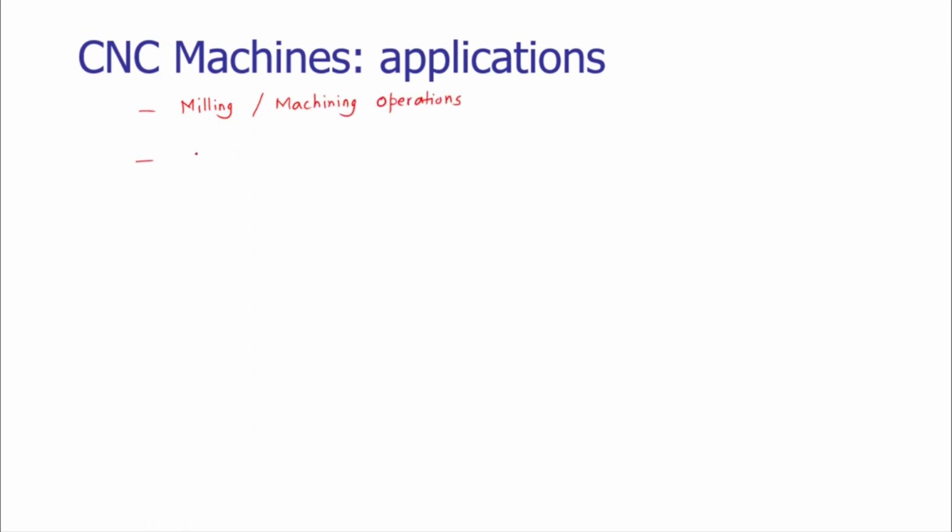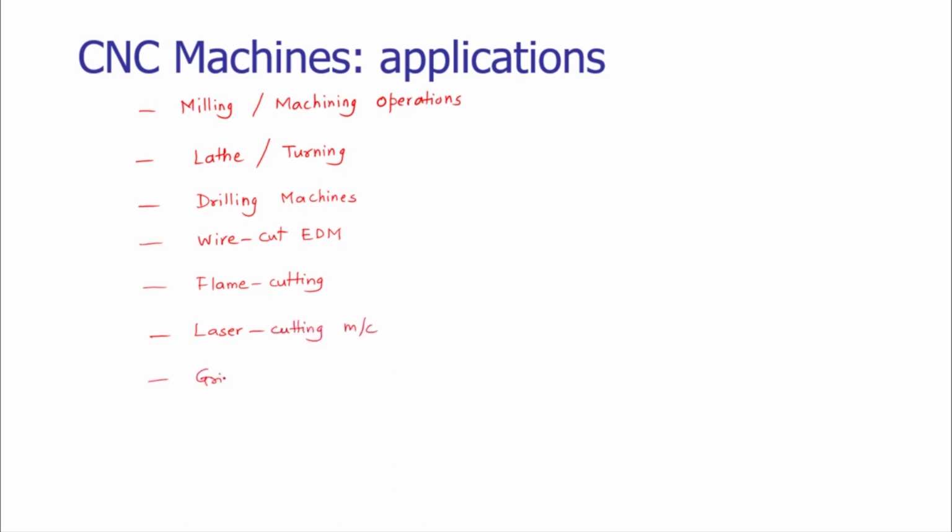We are also using it for lathe operation or turning operation, for drilling operations, drilling machines, for wire cut EDM, for flame cutting operations, for laser cutting, laser based cutting, for grinding operations as well, and so on and so forth. So there are enormous applications of the CNC technology in the manufacturing industry in the machine tool.